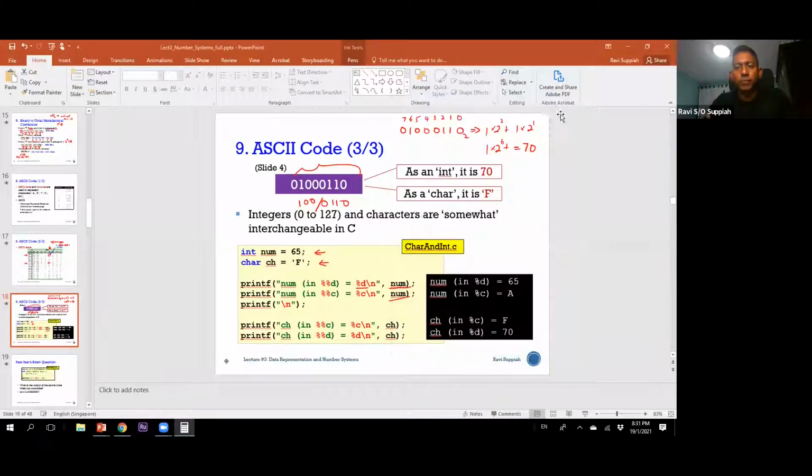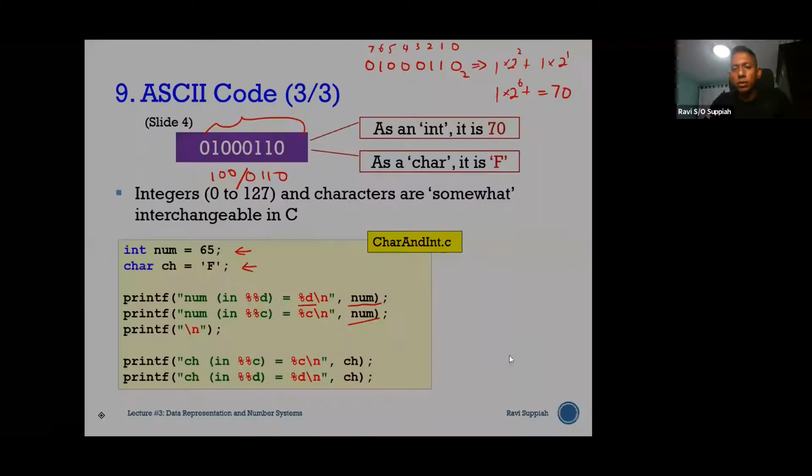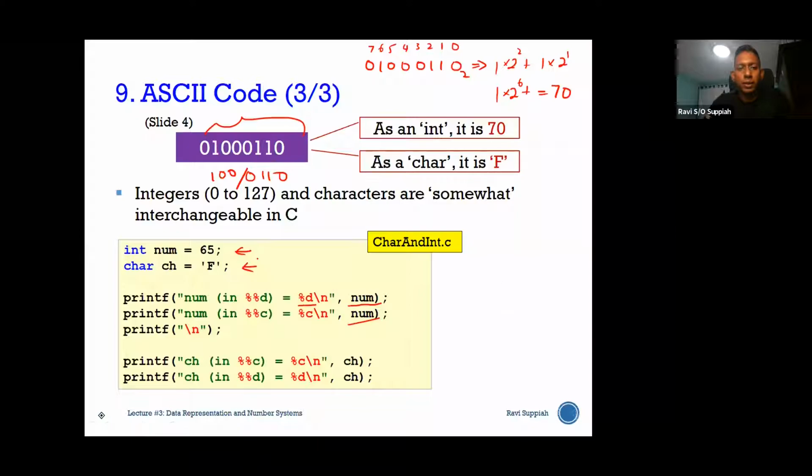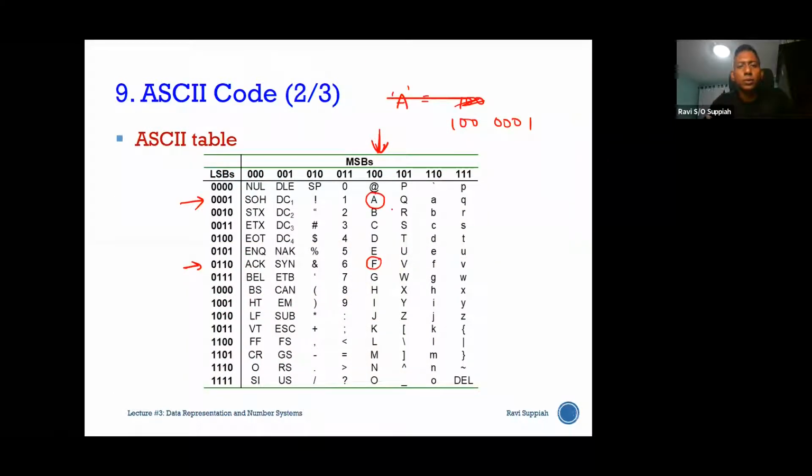That's binary. This is the 4 bits and 3 bits. Now, if I look back at my ASCII table, 1000001 is this capital A, correct?